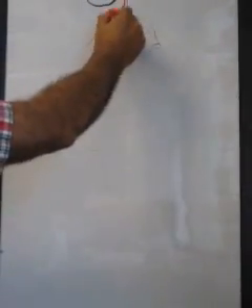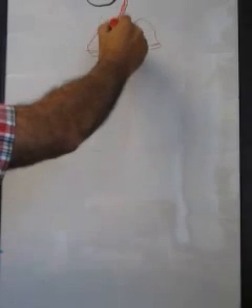Okay, so these fibers that are descending, let me just erase a little bit here, are going to be descending on the same side of the cerebral cortex, and that will be in this region here. Again, we call that region the cerebral peduncles.